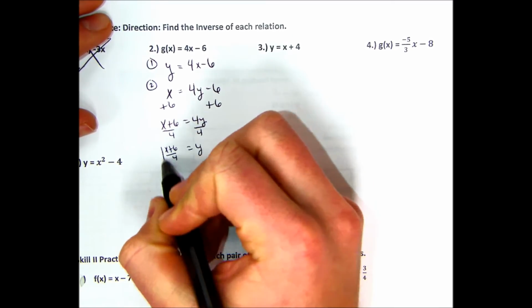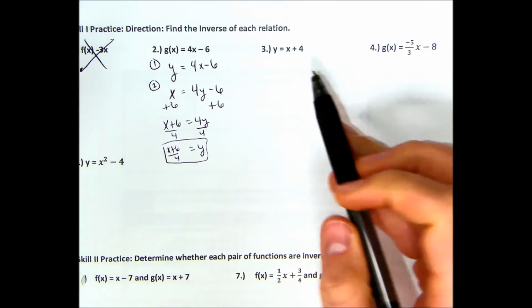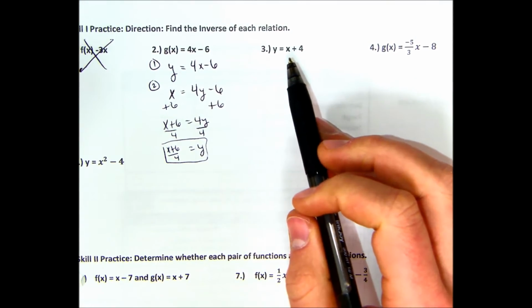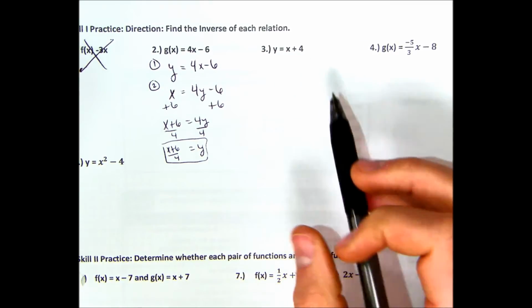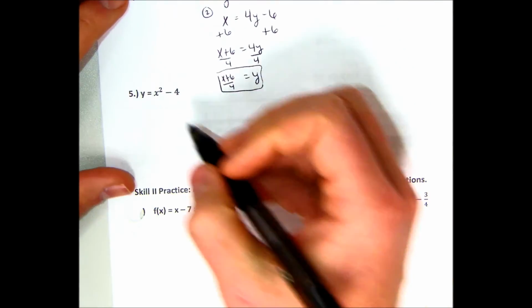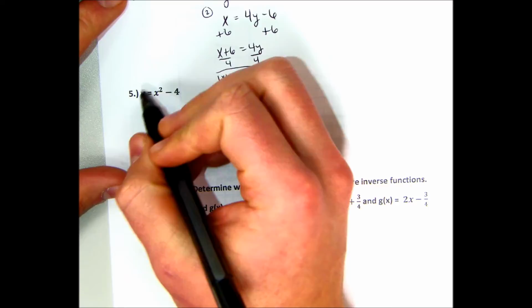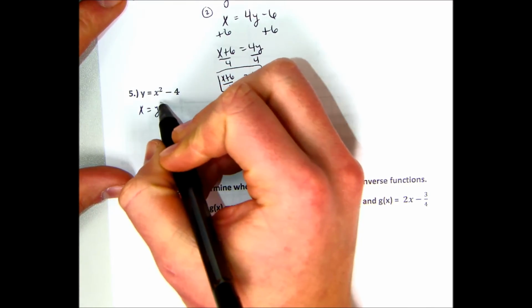Number 3 is even quicker. You would have x equals y plus 4 and then subtract 4 on both sides. But let's look at number 5 right now. There's no f of x or g of x, so we don't have to replace anything. First thing we have to do is just switch where x and y are. Notice I did not move the squared with it.